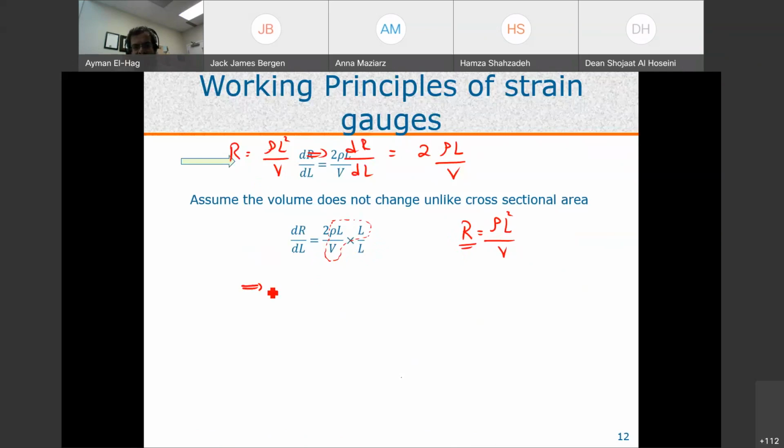So I can say that dR by dL is equal to 2R divided by L.